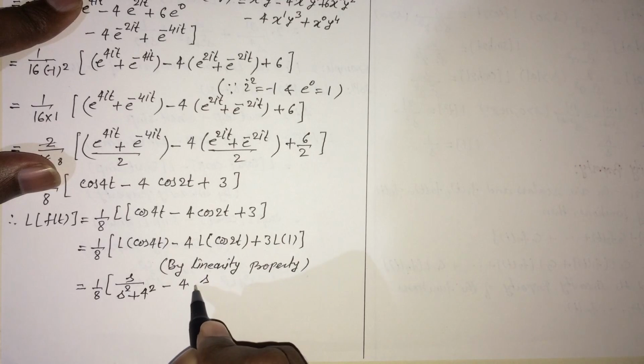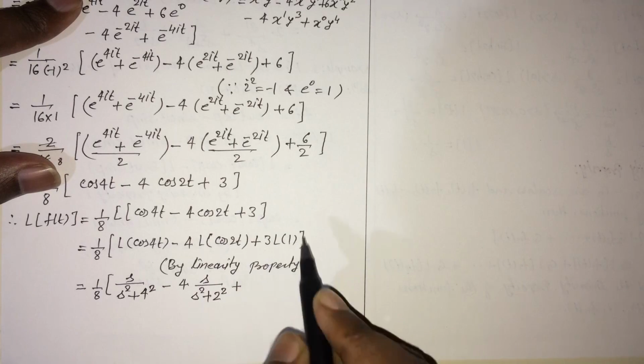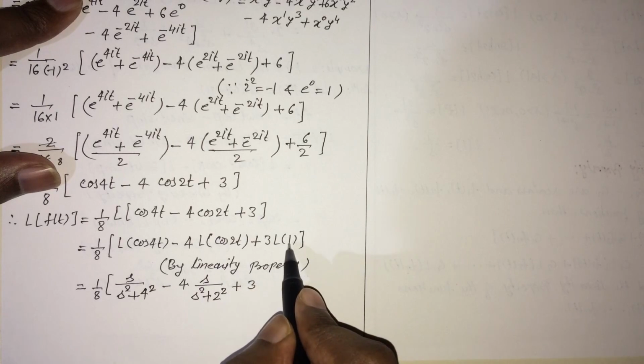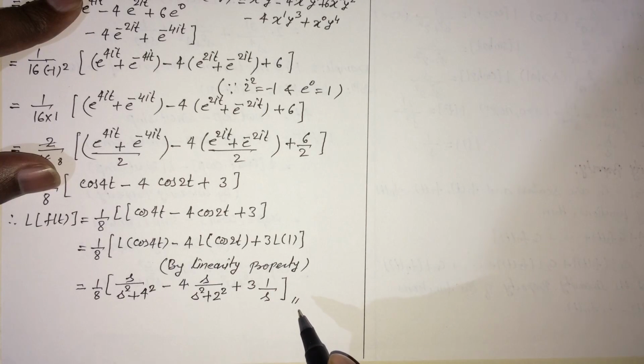That is s by (s^2 plus 2^2) and plus 3, and the Laplace transform of 1 is 1 by s. So this is the required Laplace transform of the given function sin^4 t. Similarly, you can find the Laplace transform of the hyperbolic function cosh^4 t. Thank you.